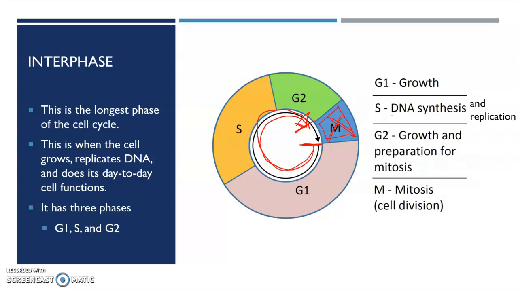It is split into three sections: the G1 phase, the S phase, and the G2 phase. During interphase, the cell is going to grow, replicate DNA, and do the day-to-day things that it needs to do. During G1, it is going to grow.